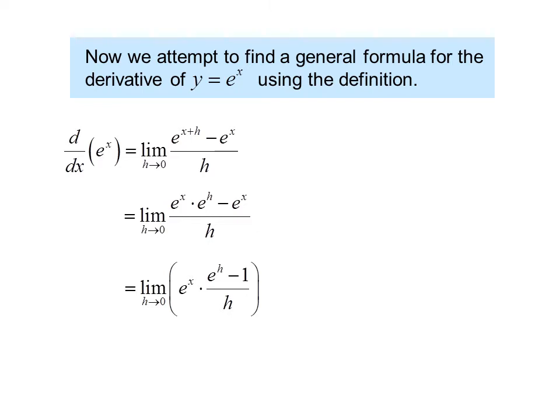Now we can factor an e to the x out of the numerator, and we have the limit as h goes to 0 of e to the x times e to the h minus 1 over h. But there's no h involved in e to the x, so we can take the e to the x and factor it out of the limit.